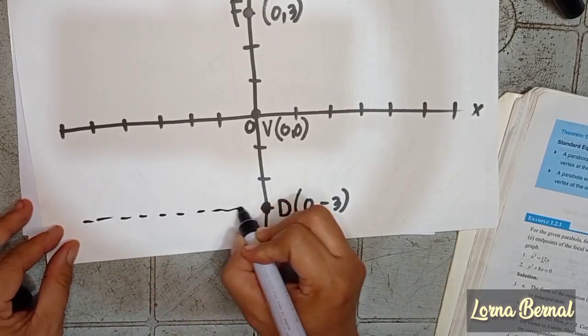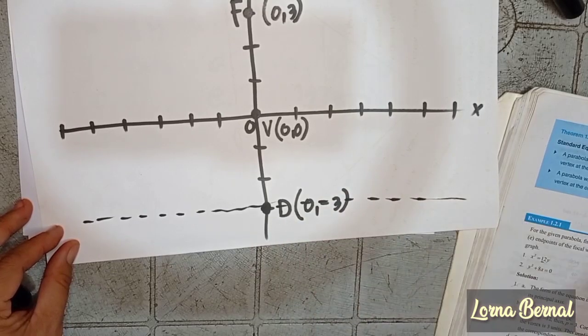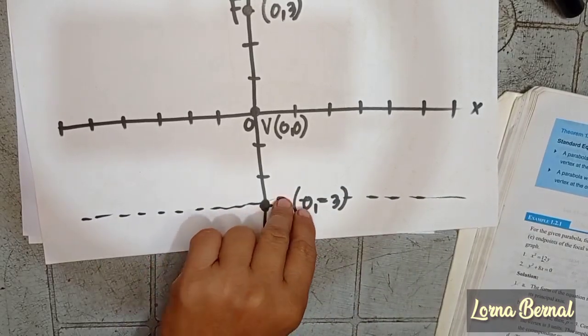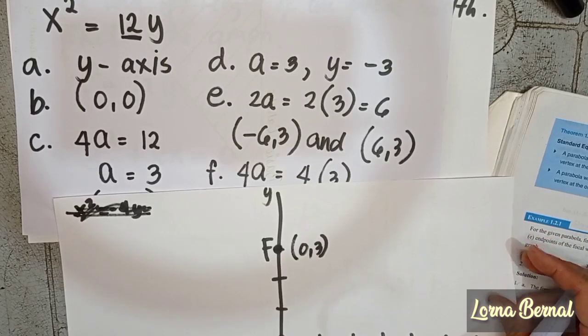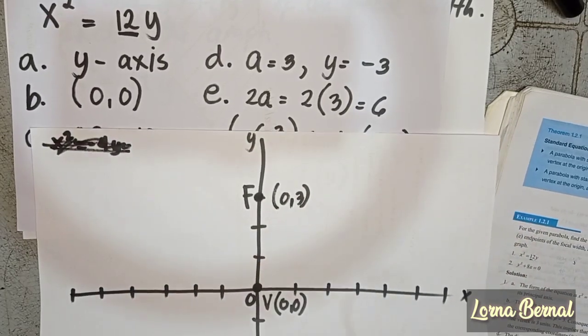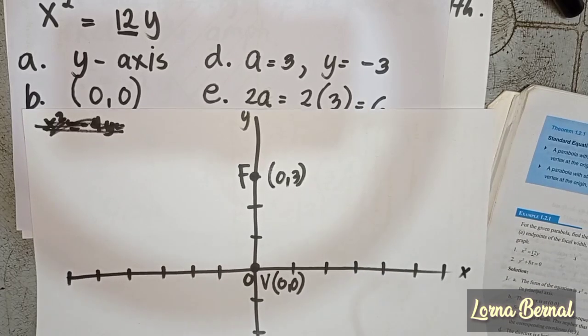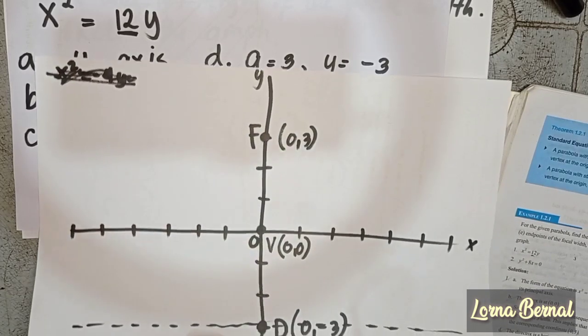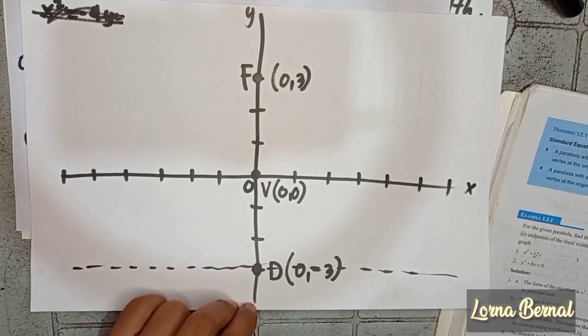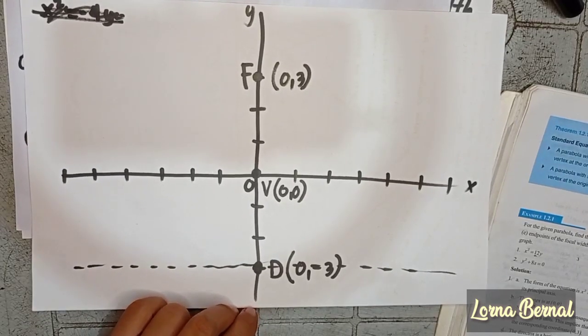This is our directrix. Okay, then afterwards we have also the focal width, which is positive 6 and negative 6.